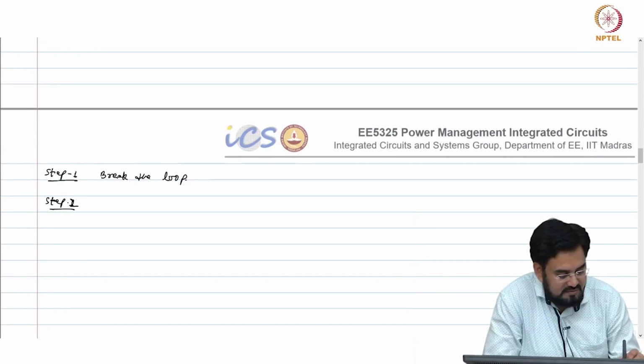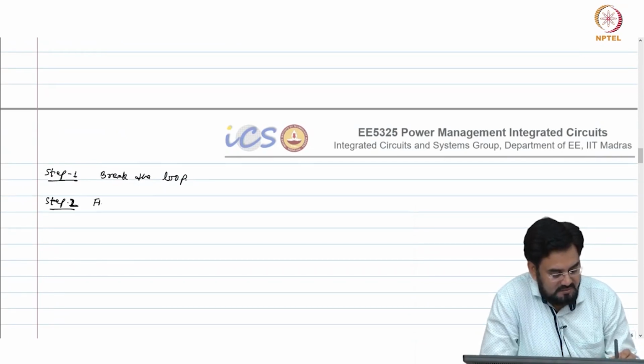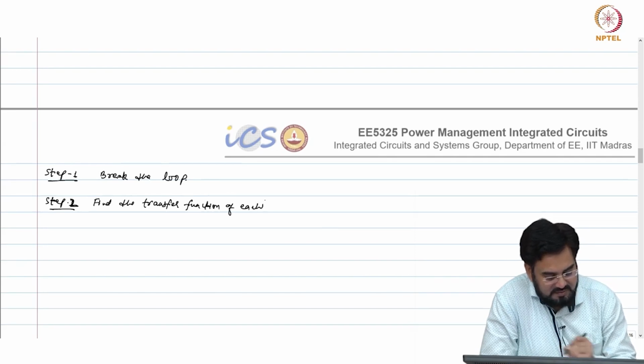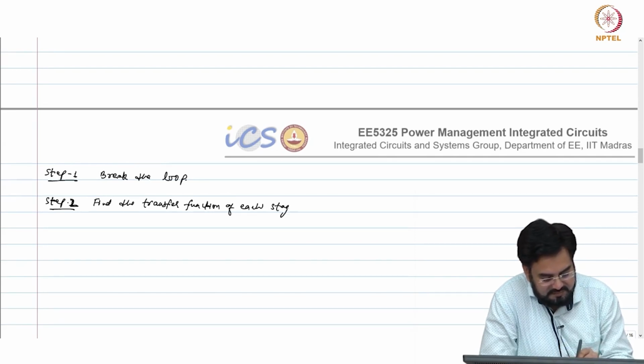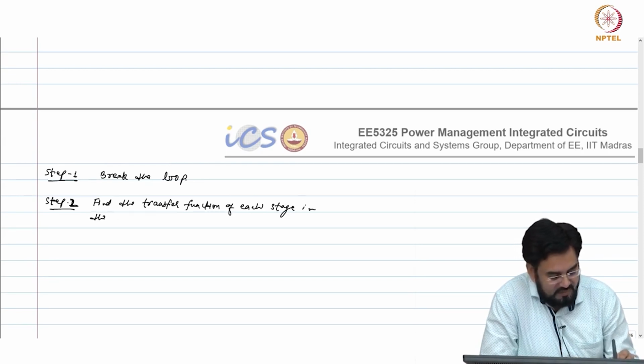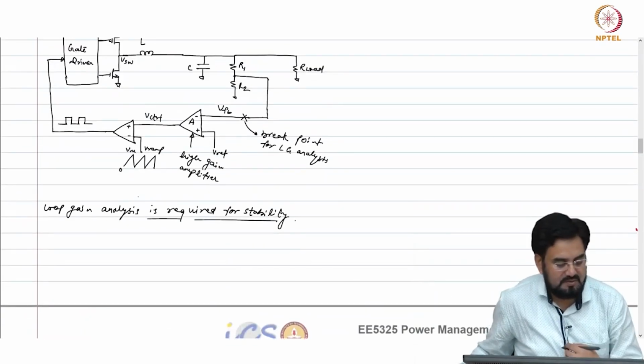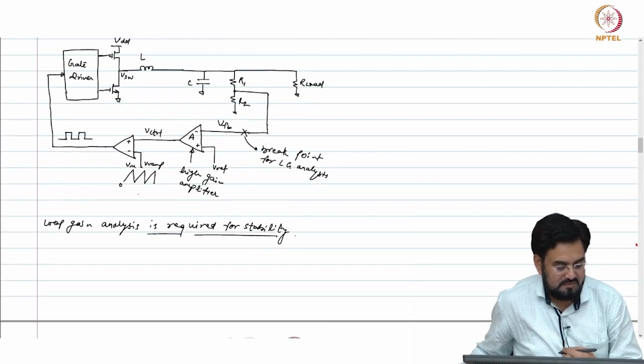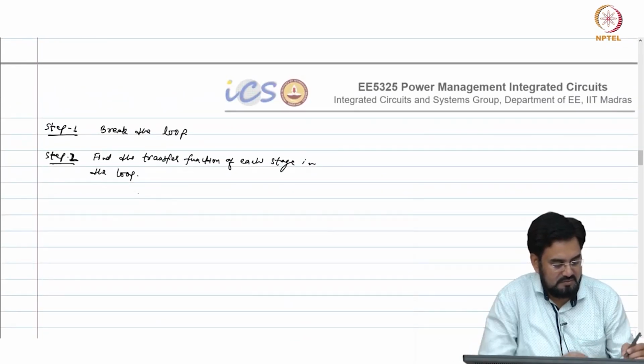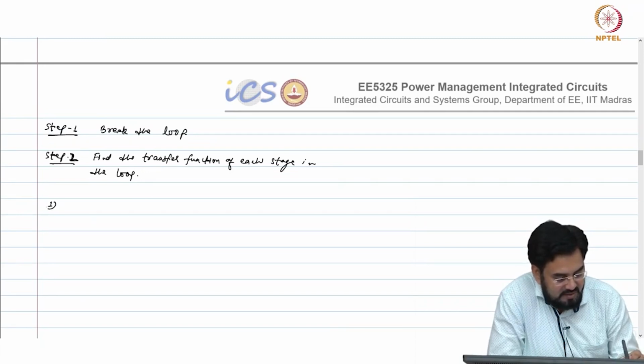Second step, find the transfer function of each stage in the loop. Okay, so what all do we have in the loop? Number 1, you have the feedback factor.